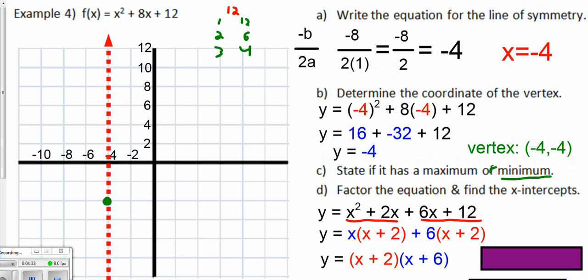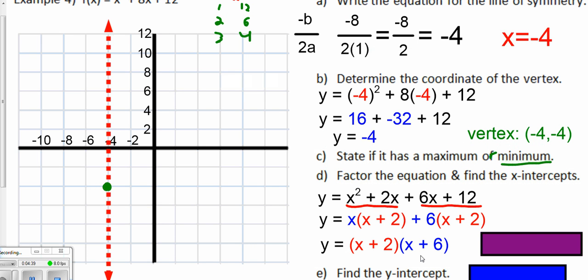Now that we've changed this equation here into a factored form, it'll be easier to set it equal to 0. I'm literally just going to take y, replace it with 0, which means we're on this line, the x-axis. And for this to be true, for x plus 2 times x plus 6 to equal 0, there's going to be two solutions, one where the red factor is 0, one where the blue factor is 0.